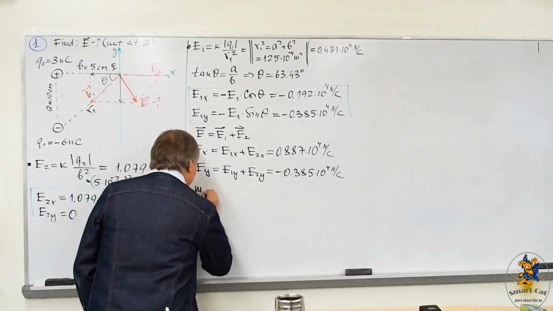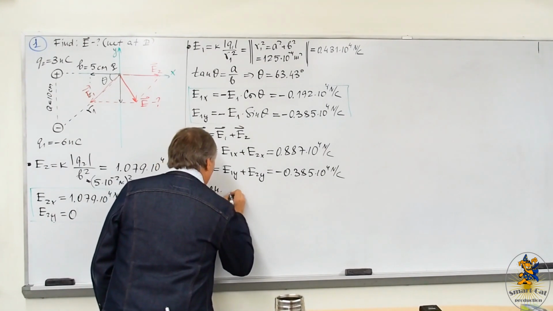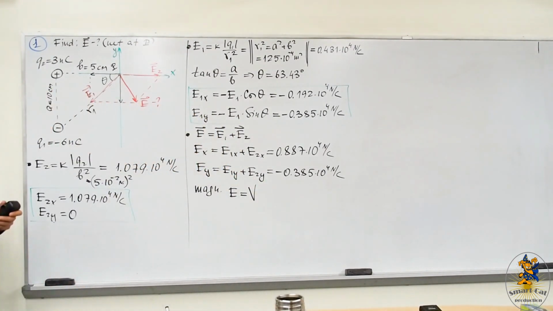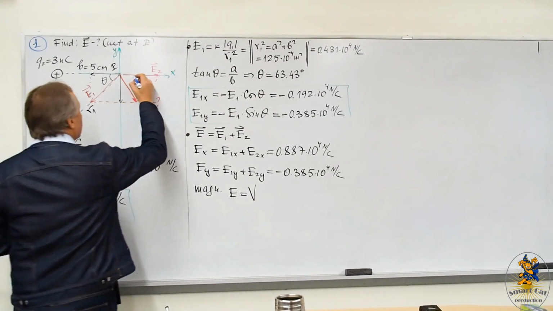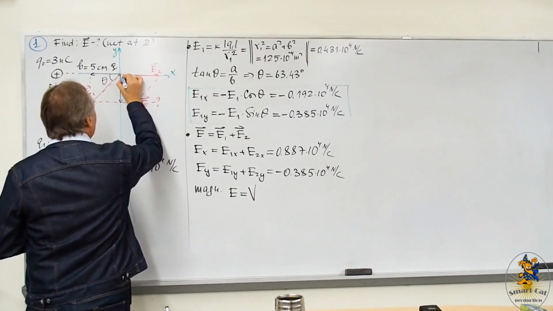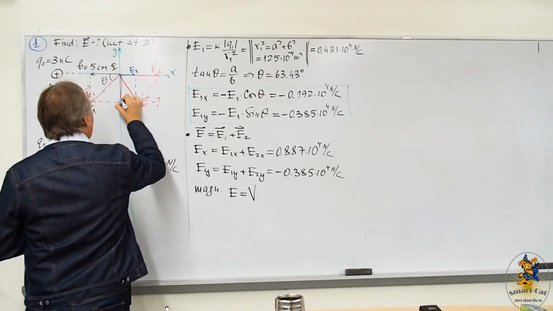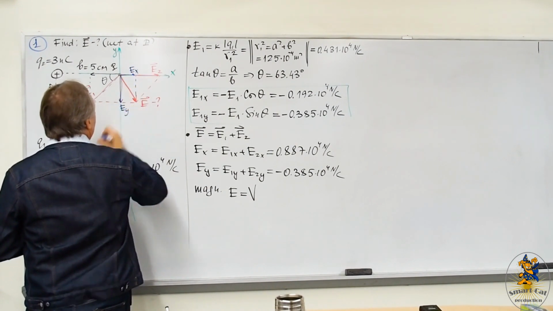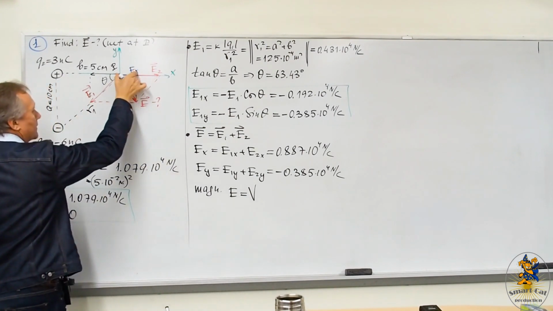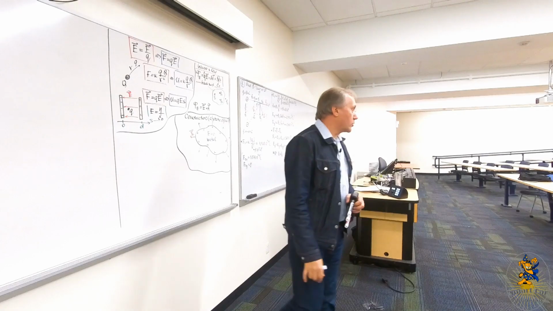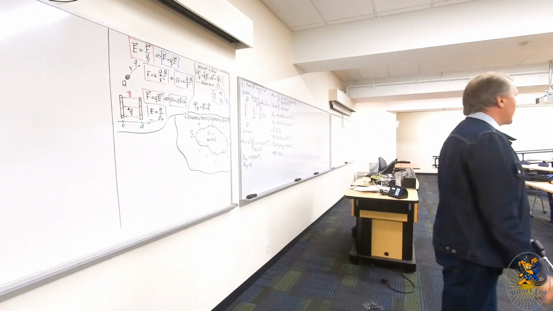So magnitude. Of course, it will be the Pythagorean theorem, essentially, right? This is our x component, Ex, and this is our y component. So we found this, we found that, so pretty much just the properties of a right triangle, the Pythagorean theorem.